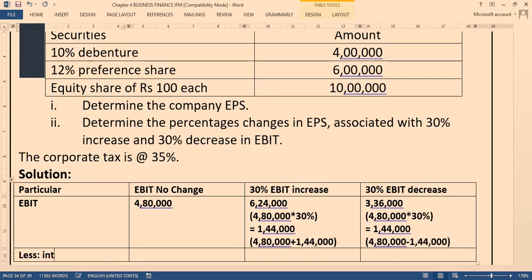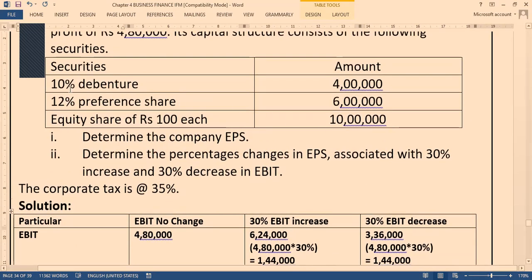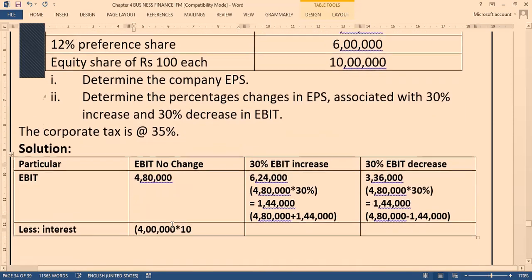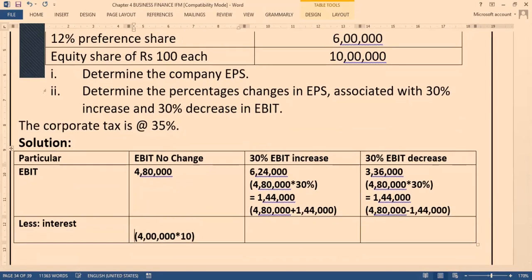Again, less interest. In the question they clearly mention the interest is at 10%. That means 4 lakh into 10%, which is approximately 40,000.